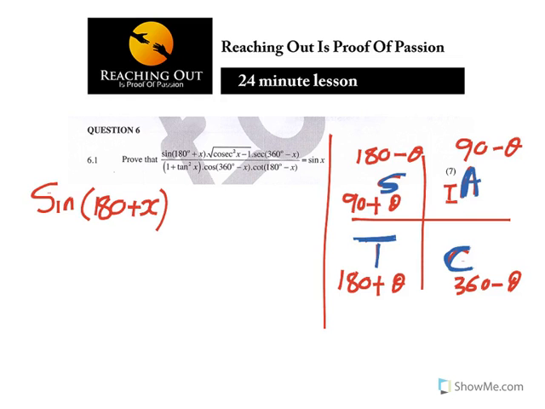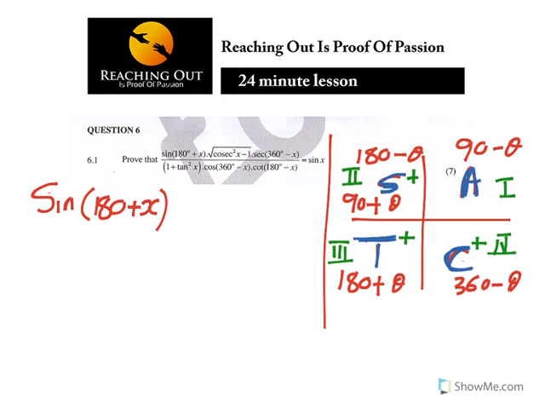This is the first quadrant, this is second, this is the third, and this is the fourth. So all are positive in the first quadrant. Second quadrant, sine is only positive. Third quadrant, tan is only positive. Fourth quadrant, cos is only positive. But the rest, if cos is positive, it means sine and tan will be negative. If tan is positive, it means cos and sine will be negative. If sine is positive, it means cos and tan will be negative.